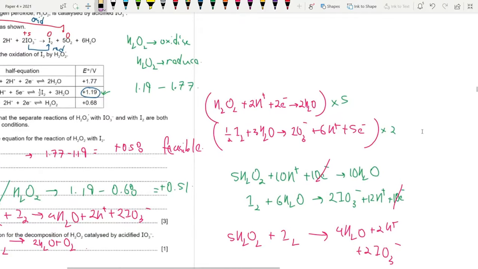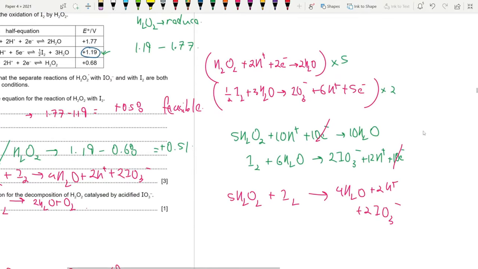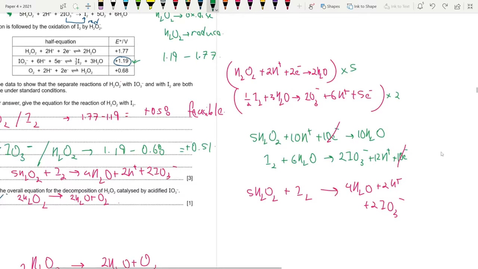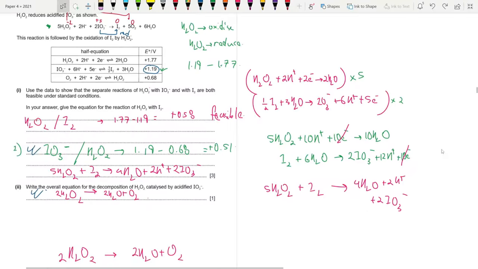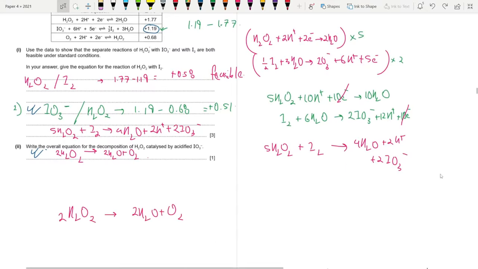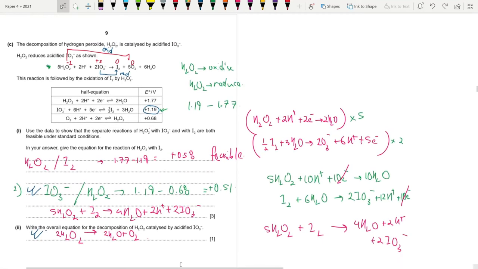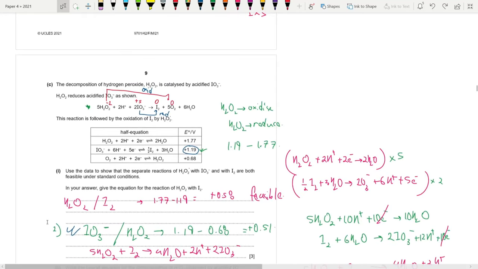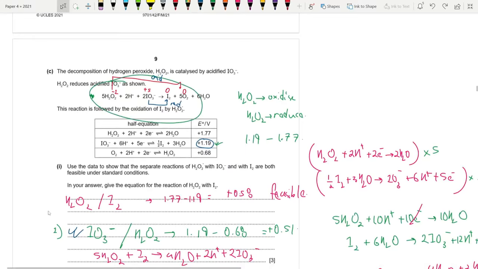As you can see, look at the green equation. This is the balanced equation essentially. Let me show you. So we have iodate, right? We are multiplying this by 2.